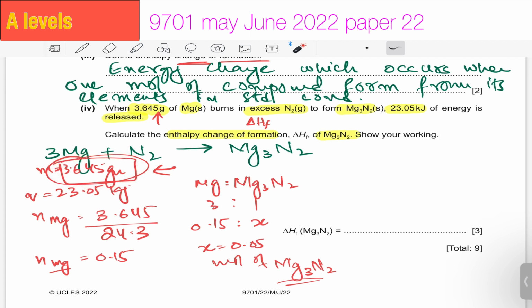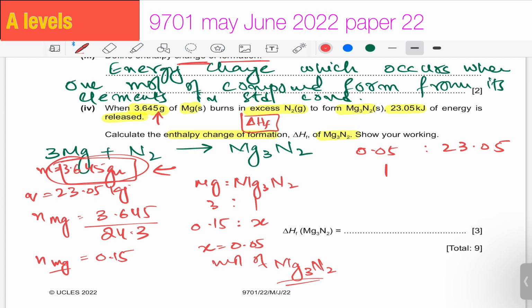All right, so this is the moles of magnesium nitride formed when this much magnesium reacts with excess nitrogen, and the amount of energy released would be 23.05. So when 0.05 moles of magnesium nitride forms, 23.05 kilojoules of energy would be released, right? But we have to find delta Hf, that means the amount of energy released when 1 mole of magnesium nitride forms.